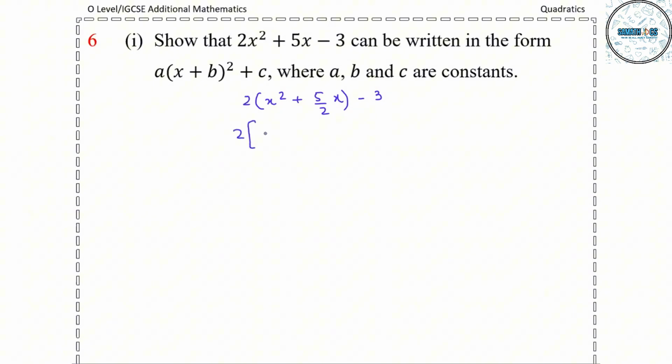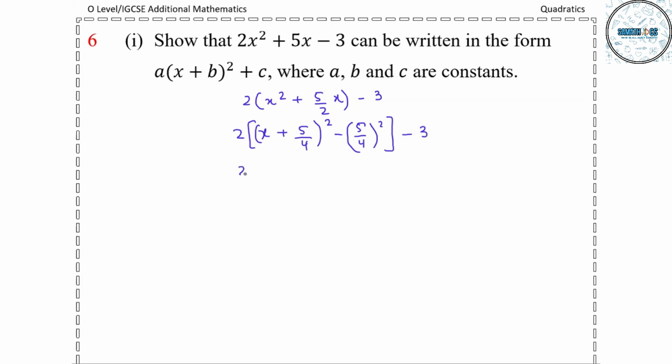Now we'll write it in completed square form. We'll take x from here. We will take the sign from here. We will divide the coefficient of x by 2. So this will become 5 upon 4 whole squared. Then we write minus 5 upon 4 whole squared, minus 3 outside.